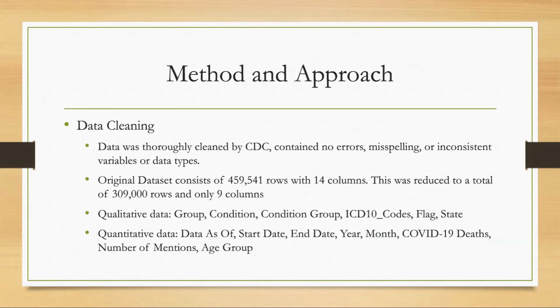So this is another discussion on our data cleaning approach. As previously mentioned in the previous slide, the data was already kind of cleaned by the CDC, so we didn't have to get too extensive on that. The original data set had approximately 460,000 rows and 14 columns.